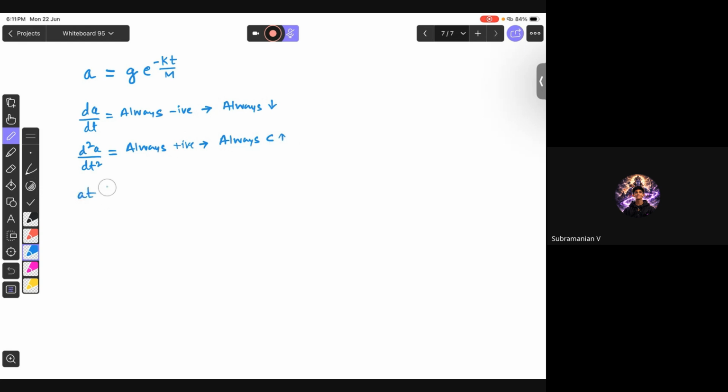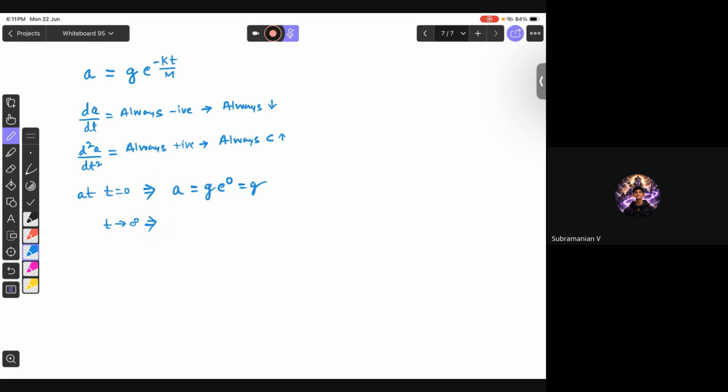At t equals 0, you find out its value. We also know at t equals 0, the acceleration it has is g because drag force is 0 at t equals 0. So at t equals 0, you find that value even from this, g into e power 0, which is g. Find the acceleration after long time. We know after long time, it achieves a constant velocity.